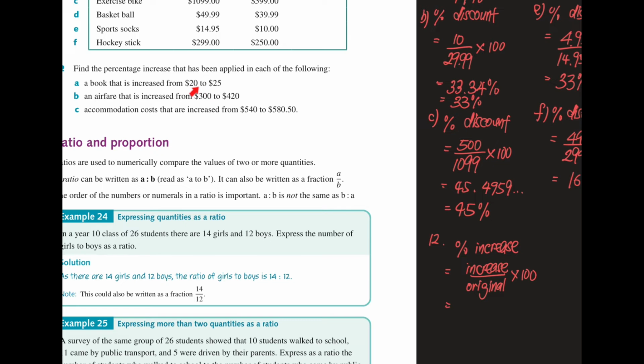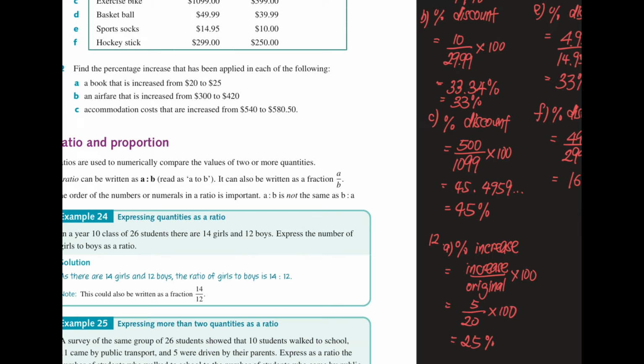The increase is $5 over the original $20. So 5 over 20 times 100. Then we get 25%. So this is the answer for A.